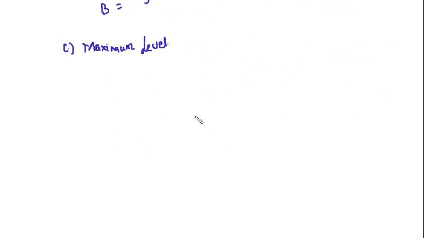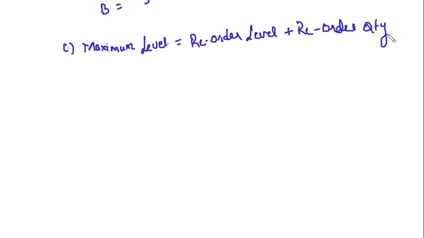Now in the maximum level, we will take reorder quantity. This is reorder level plus reorder quantity, because here we have to check that if the quantity comes more than required, then it will be excess stock situation.